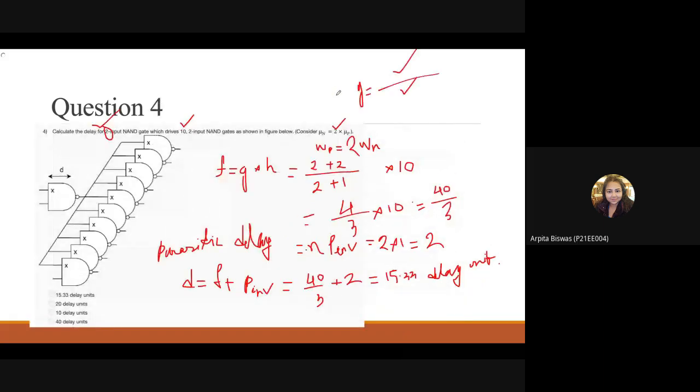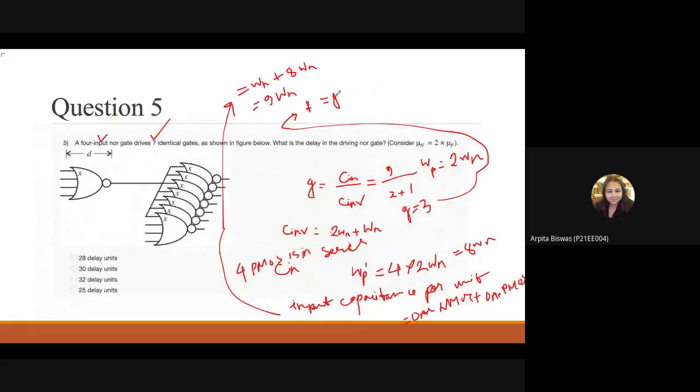Here you can see F equal to G into H. Just multiply the load capacitance. G into H, just 9 into H value 7, because it is identical gate, gate drive 7, so H is 7. So it is 63 WN. Or you can take only the value 63.